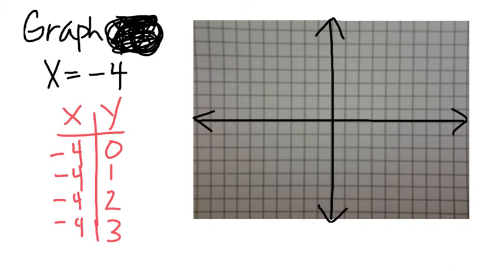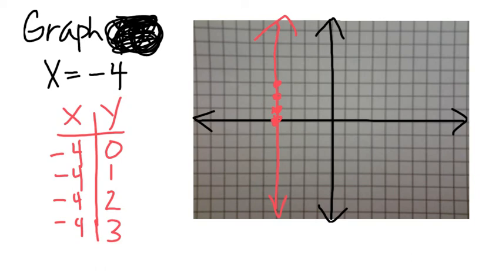-4, 0. -4, 1. -4, 2. -4, 3. So I'm going to have a vertical line headed at -4, and vertical lines can't be functions.